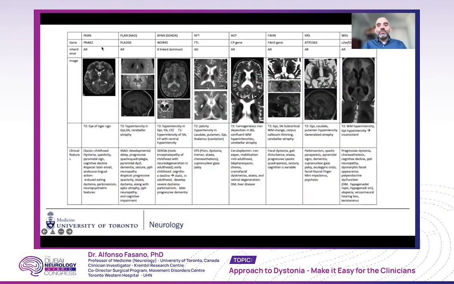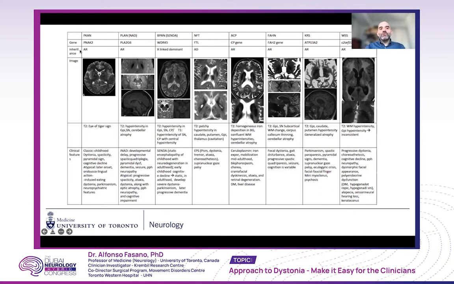Other conditions where you may see an accumulation of metal, in this case iron, are the so-called NBIA, neurodegeneration with brain iron accumulation. The most common one is pantothenate kinase-associated neurodegeneration, caused by the gene PANK2. And this is an autosomal recessive condition.